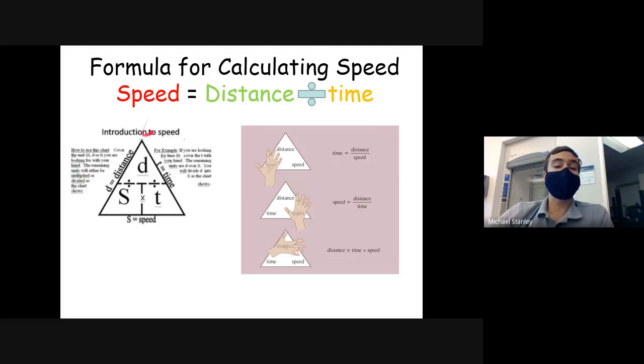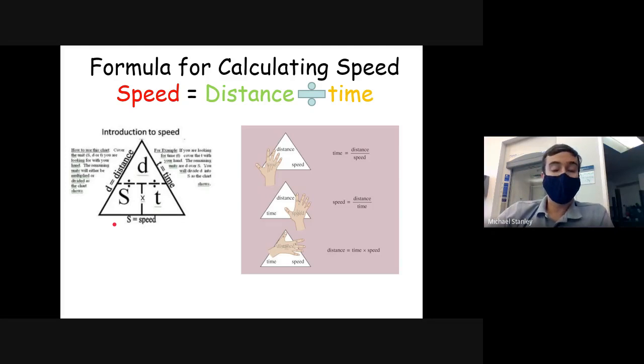There are a lot of these really simple physics equations where it's just three different measurements. And in order to help remember how to calculate them, sometimes people like to use these little formula triangles, or formula charts.